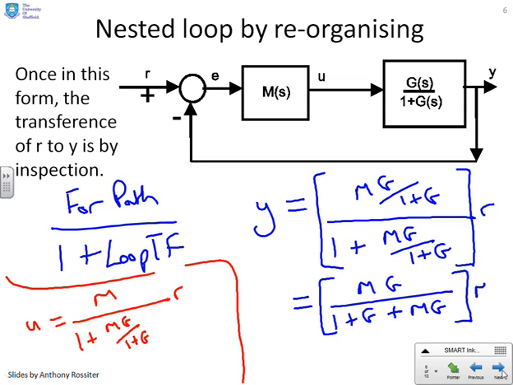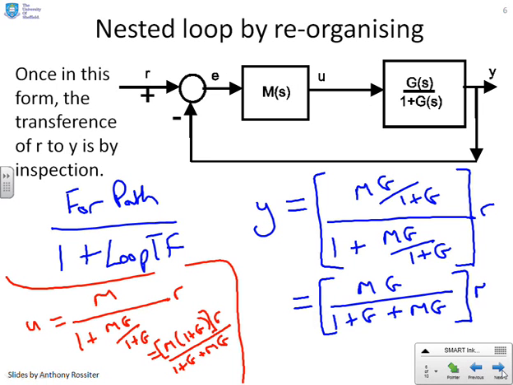And if I now multiply top and bottom by this 1 plus g, you would get m(1 plus g)r over 1 plus g plus mg. And again you see that the resulting expression is not immediately obvious, and so you do need to go through this analysis to work it out.